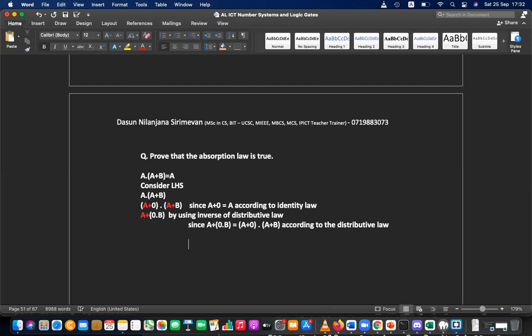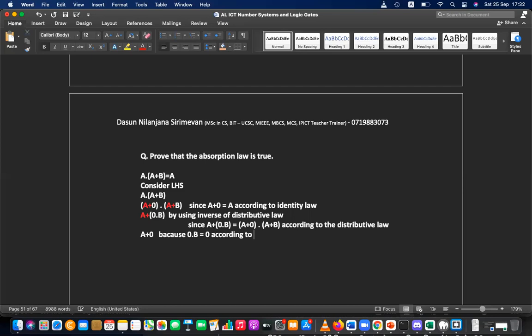Okay, so if you write down like this, you know that A or 0 can be written as... why? Because 0 and B is equal to 0, and 0 and A is equal to 0.